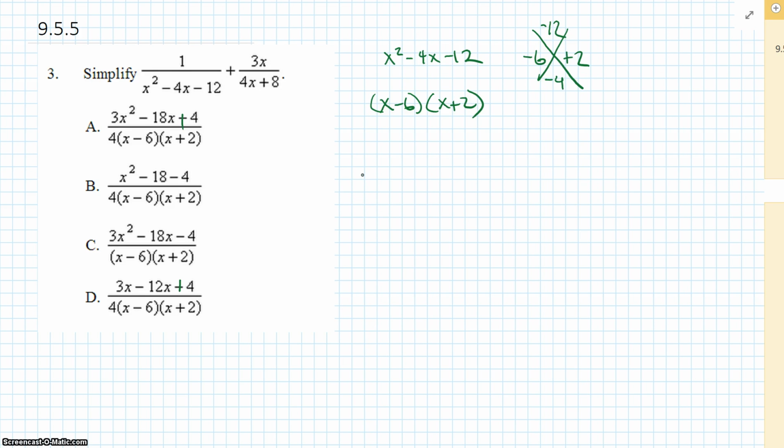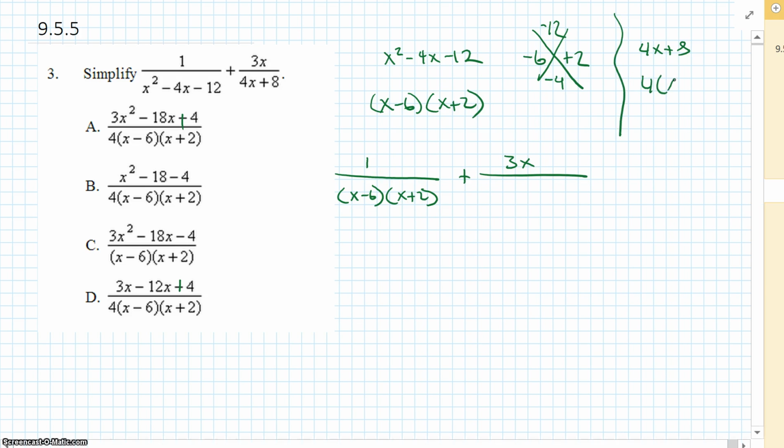Okay, so that's going to be 1 over x minus 6 times x plus 2, plus 3x over, let's look at it, I have 4x plus 8. I can factor out a 4 and make it 4 times x plus 2.